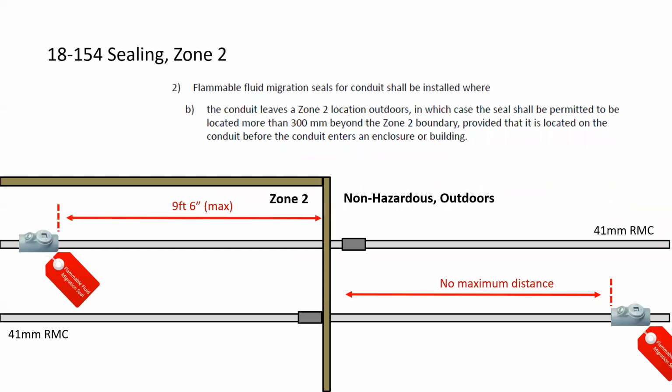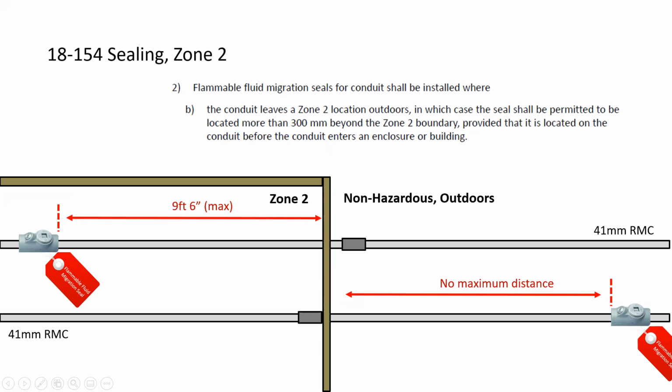So what it's saying here, we can either do inside something like this, right? 9 foot, 6 inch max, or we could go outside, and there's no maximum distance given here, no maximum distance. And that's because it states, provided it's located on the conduit before the conduit enters an enclosure or building.